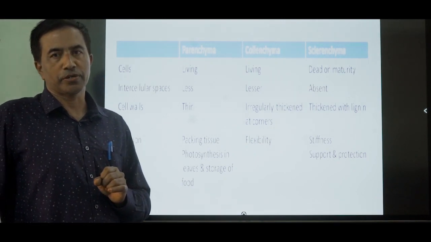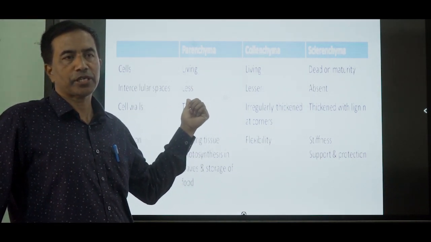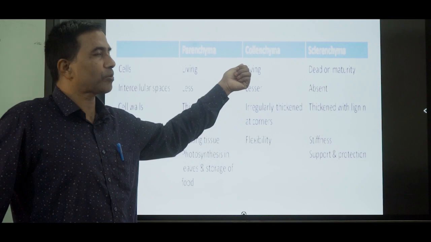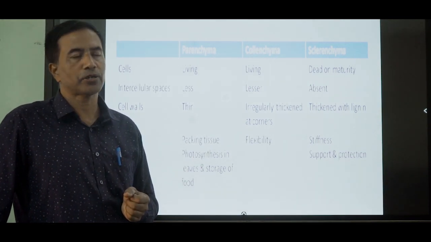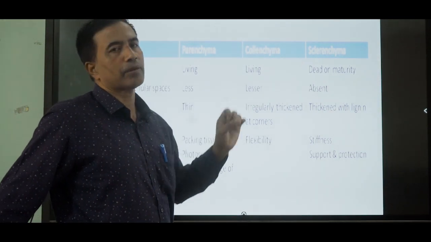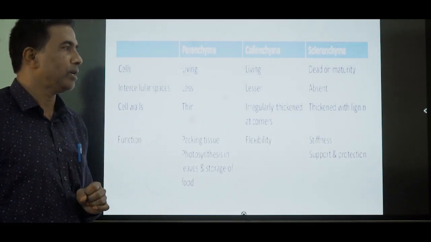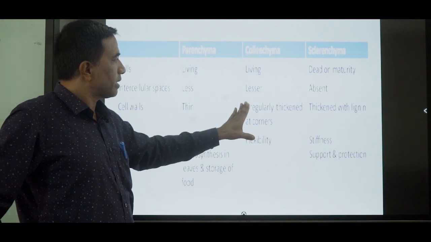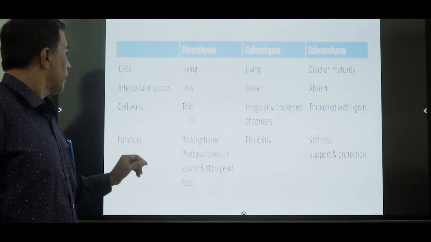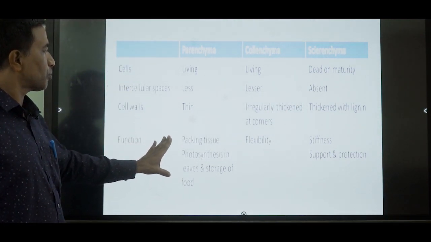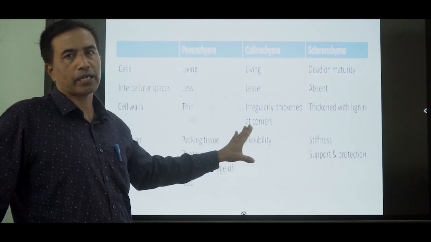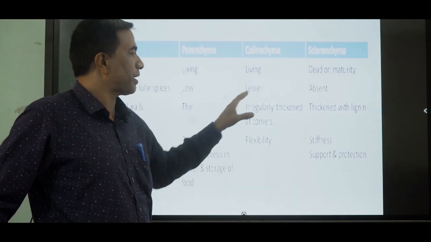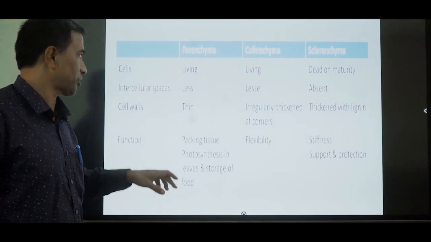Cell wall composition is cellulose in parenchyma, cellulose and pectin in collenchyma, and cellulose and lignin in sclerenchyma. The main function of parenchyma is storage and photosynthesis, of collenchyma is flexibility, and of sclerenchyma is support and protection.